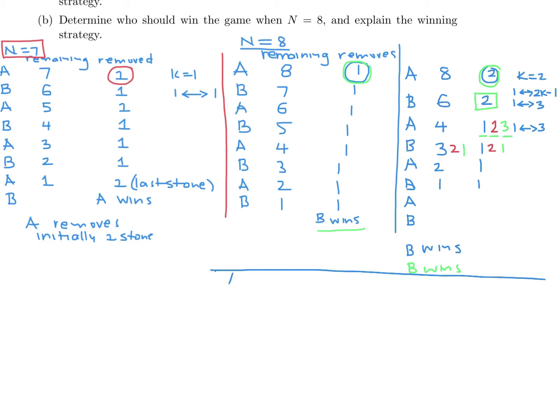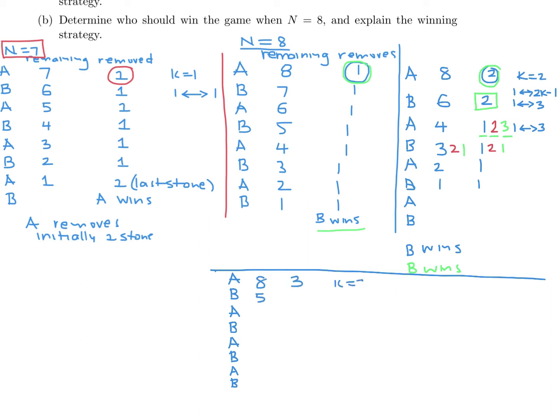Now what happens if Alphonse initially starts off with 3? Initially here was 1, initially here was 2. What if he starts off with 3? Okay, let's explore that. A, B, A, B, A, B. Starts off with 8. He selects 3. There's 5 left.